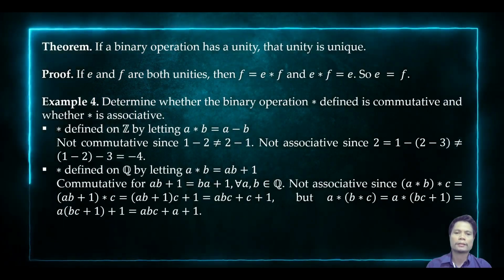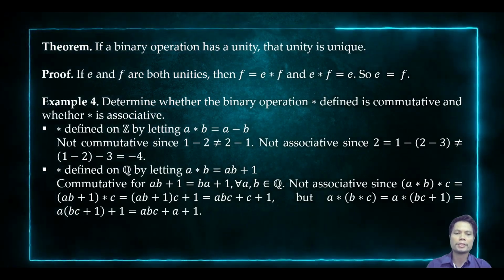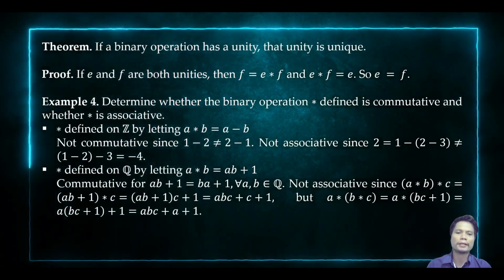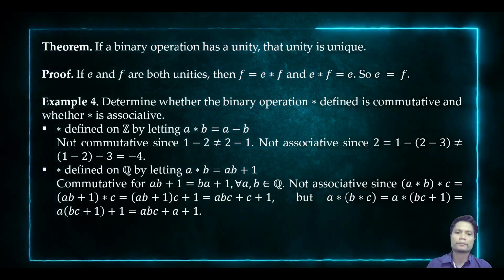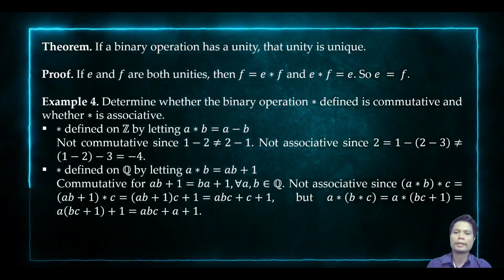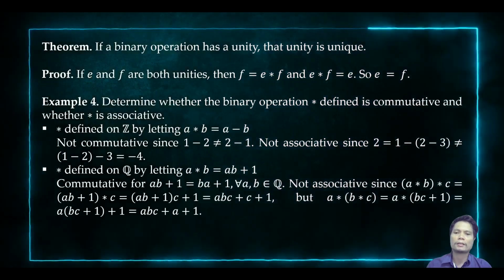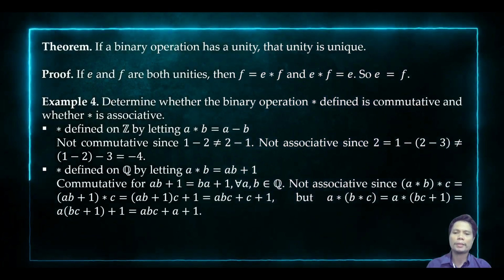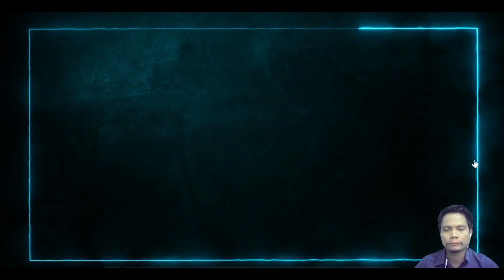But a binary operation of the quantity b binary operation c is equal to a binary operation of bc plus 1, which is equal to a times bc plus 1 plus 1. Then to simplify, that will be abc plus a plus 1.